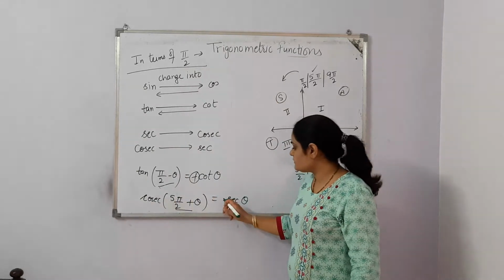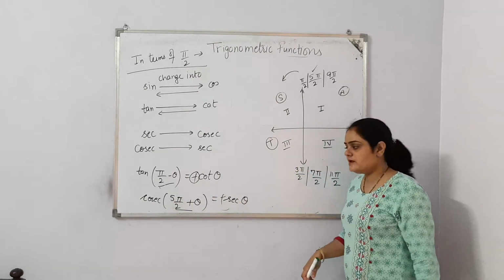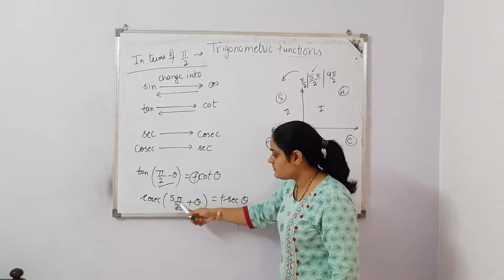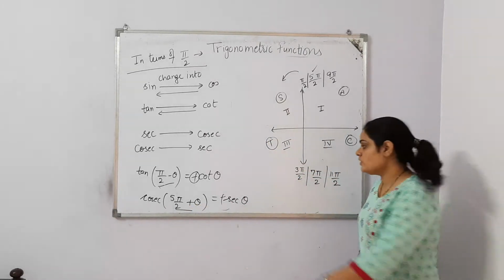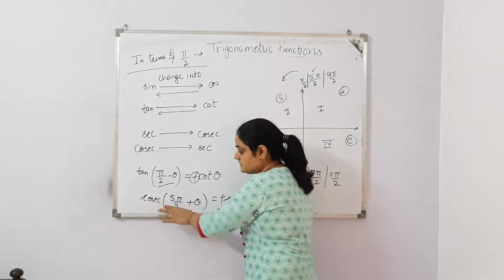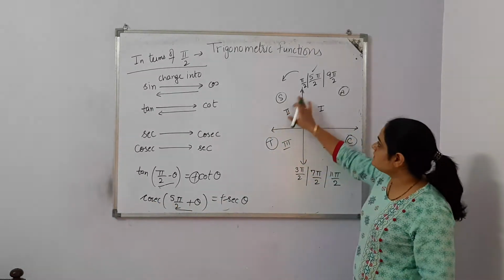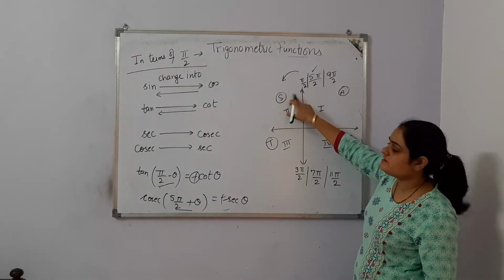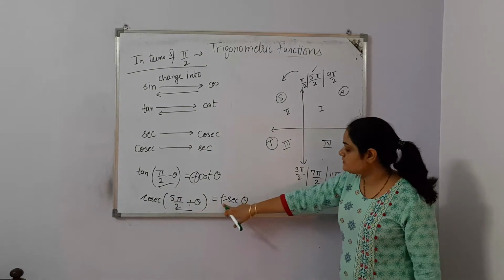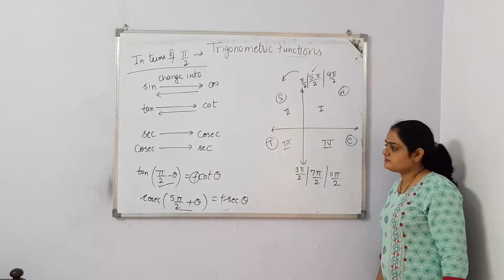Remember this: we check the sign of cosecant, because cosecant is coming with 5 pi by 2 plus, not secant. We will not check the sign of secant, we will check the sign of cosecant in the quadrant in which it is coming. Now 5 pi by 2 plus means second quadrant, cosecant is positive. So I have written a positive sign with secant theta.